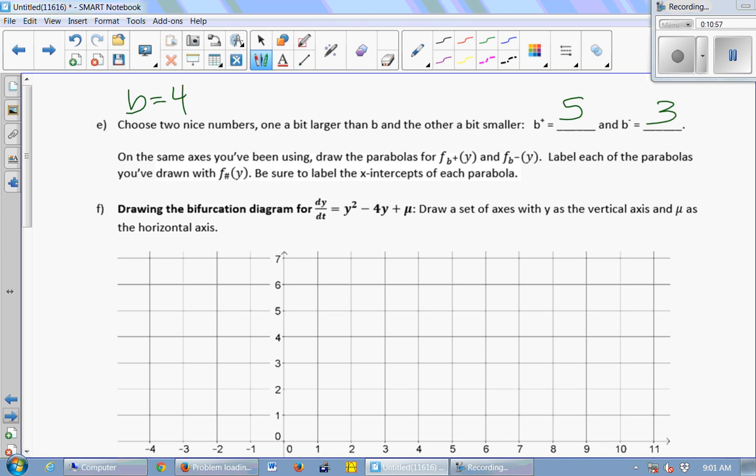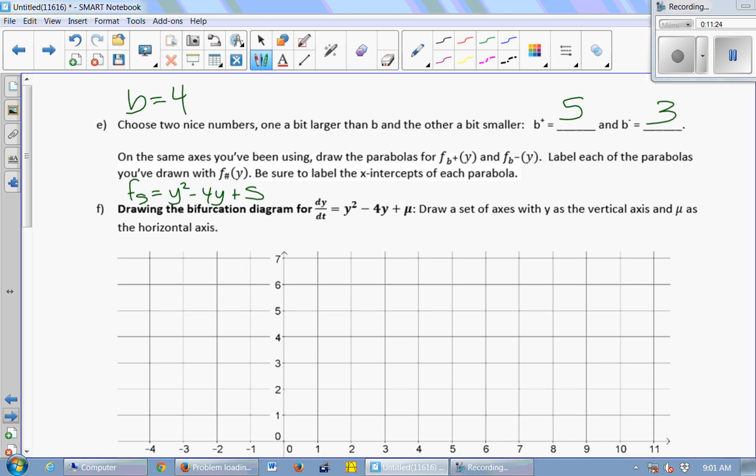3. Okay. So on the same axes that we've been drawing the parabolas, where we have f sub 0 and f sub 4, I want to put in f sub 5 and f sub 3. And I'm going to be careful to make sure I do the x-intercepts accurately. So f sub 5 is y squared minus 4y plus 5.